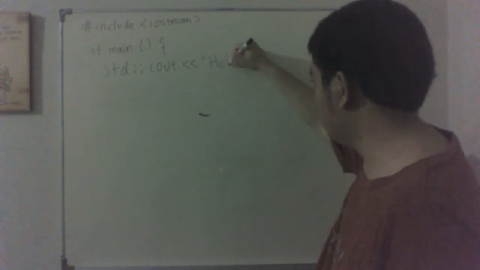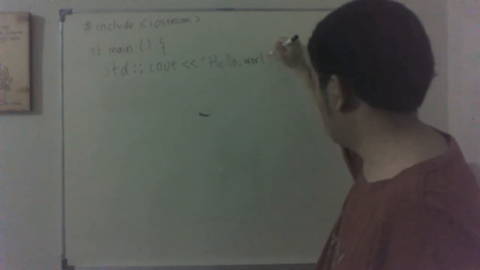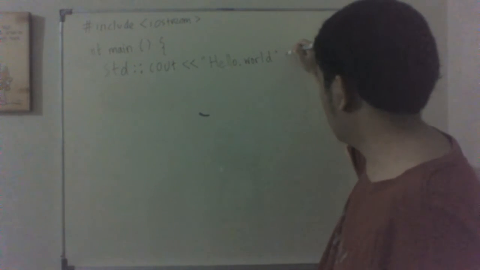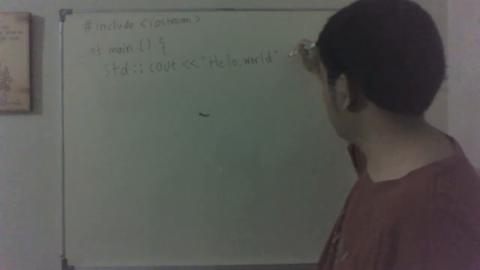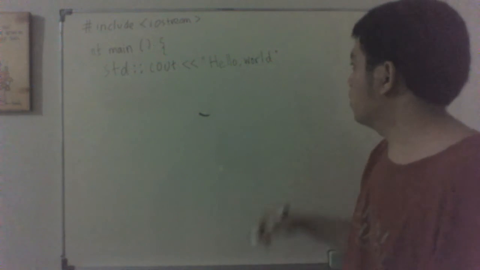For example, over here, hello world. Right. That's basically it. This is the simplest C++ program.